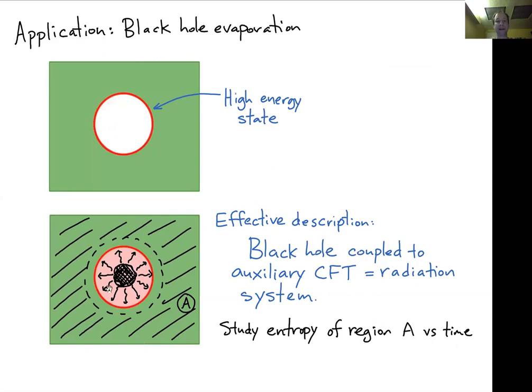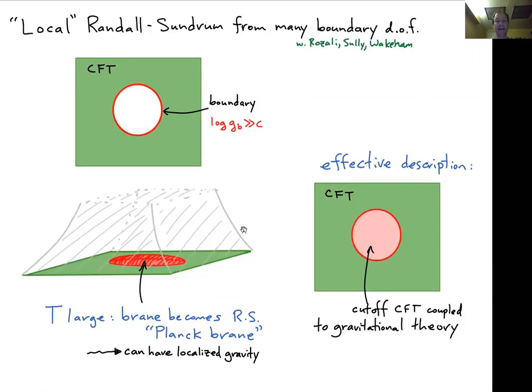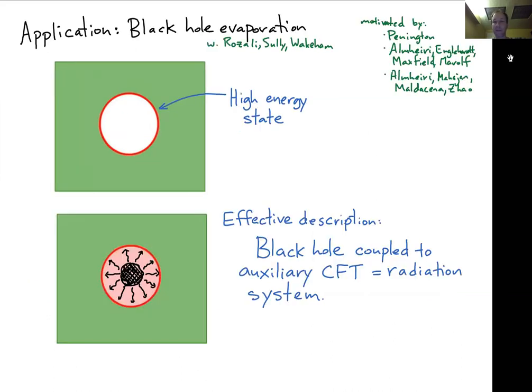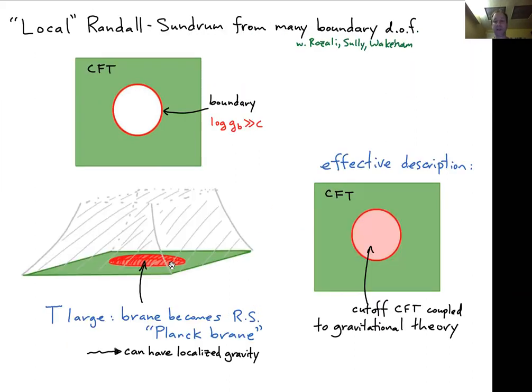what we find, using this setup, one of the nice things about it is that you can have an entirely holographic picture, and that was suggested by this paper by Almheiri, Mahajan, Maldacena, and Zhao. They were talking about a system where you have something very similar to this, some holographic system, some gravitational theory, coupled to an auxiliary field theory.